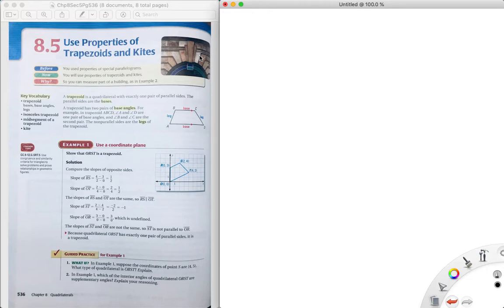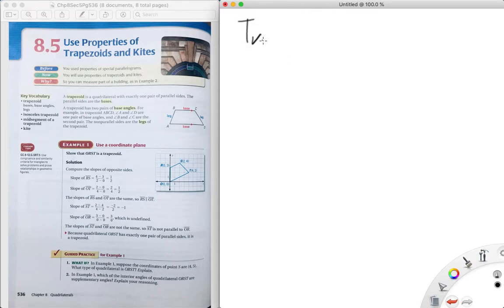A trapezoid is different from parallelograms in that they have only one pair of parallel opposite sides, as opposed to both pairs.